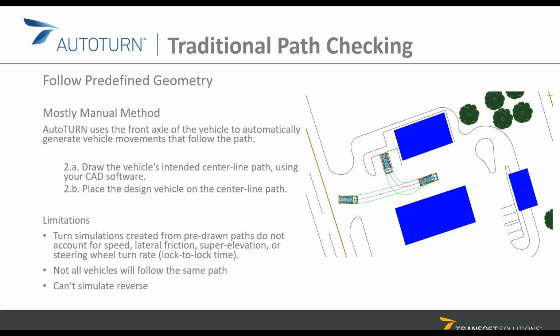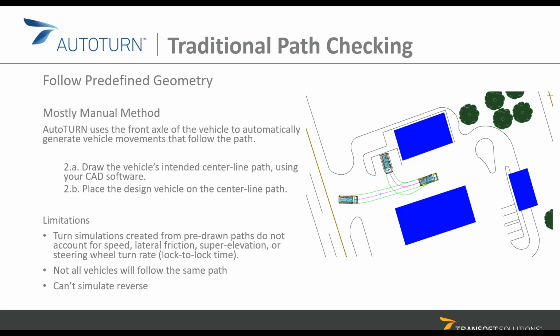If for whatever reason the vehicle cannot follow the path, then the simulation will stop, and we'll see an example of that in our technical demo. But the key aspect of simulations created using reference geometry is that they don't have a speed. It's just the turning characteristics of the vehicle. So depending on the centerline path, the vehicle might be going faster or slower, but that's not going to be part of the simulation at all.